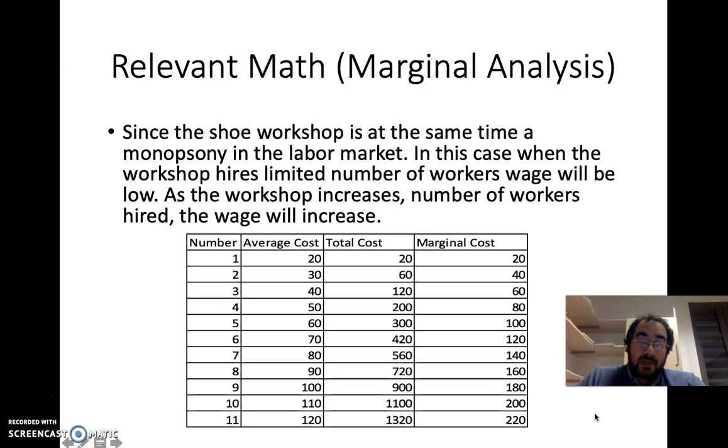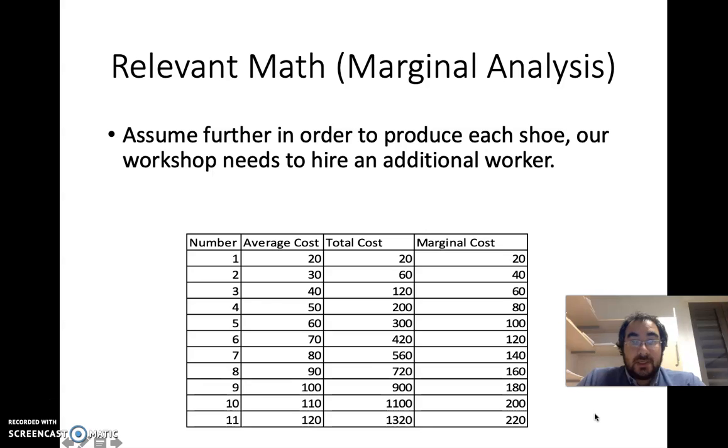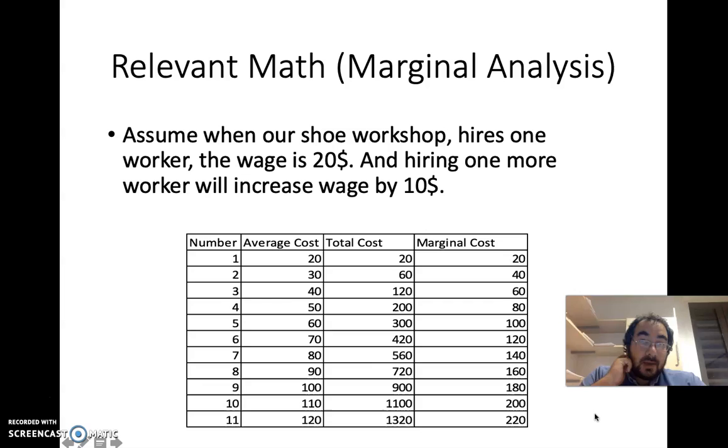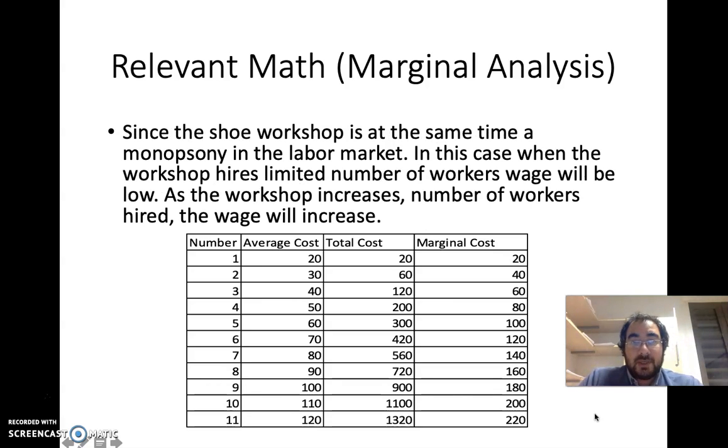When our workshop hires one worker, the wage is $20. Hiring one more worker will increase the wage by $10. So the more workers you hire, the higher your wage will be.